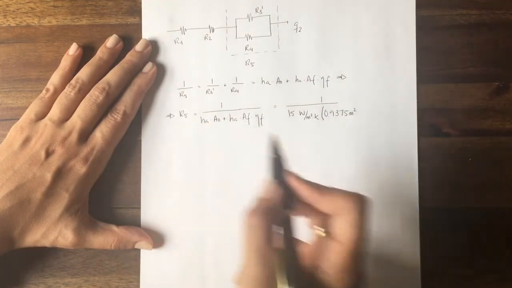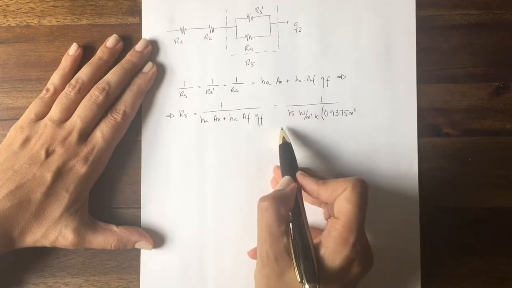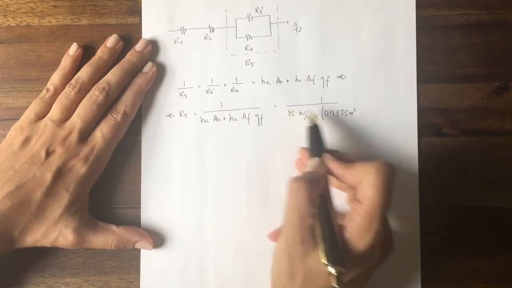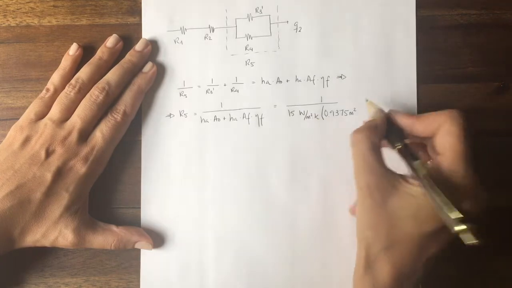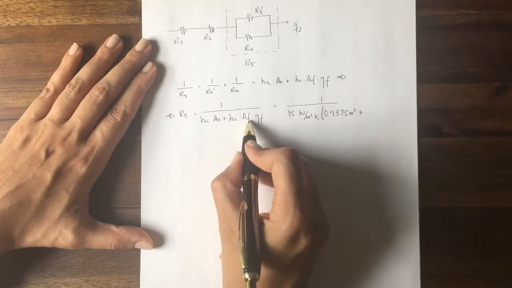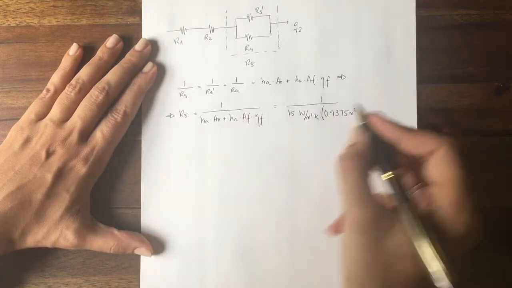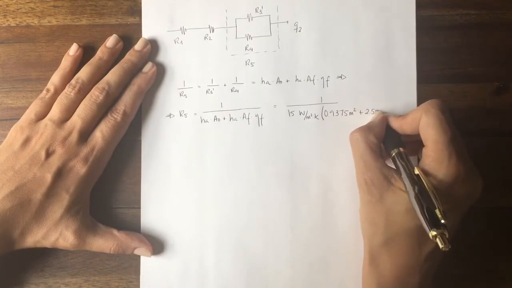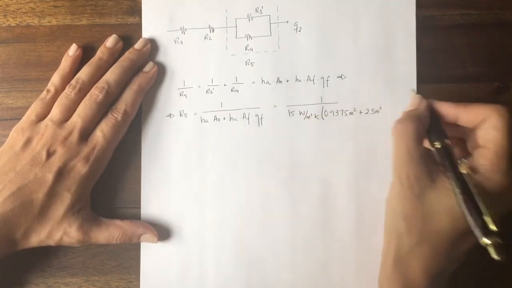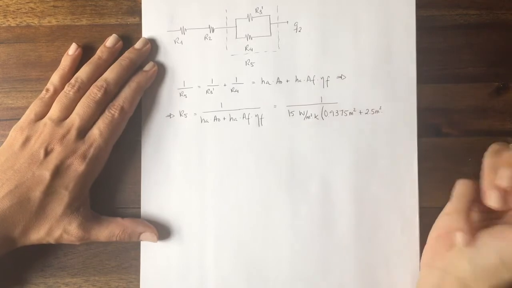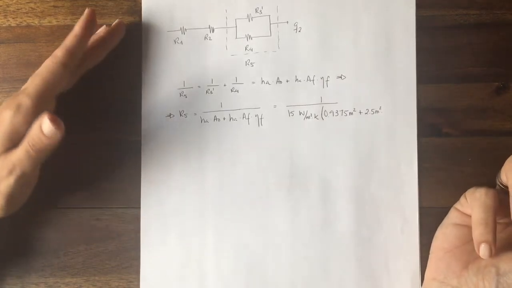So we have now h_a times A sub F, so that's the area of the fin, which is equal to 2.5 square meter, times the efficiency. So we need to calculate the efficiency.